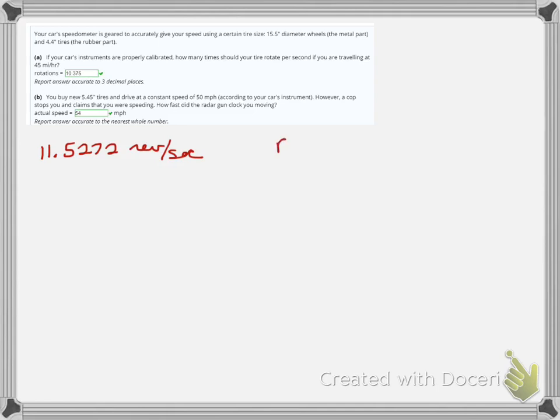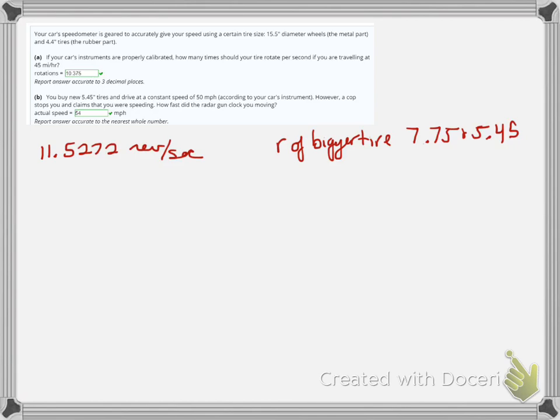So the radius of the bigger tire: we have the radius of the inside wheel, which was 7.75, plus our 5.45 for the tire. That gives us 13.2. Hang on a second, that was for a different problem.